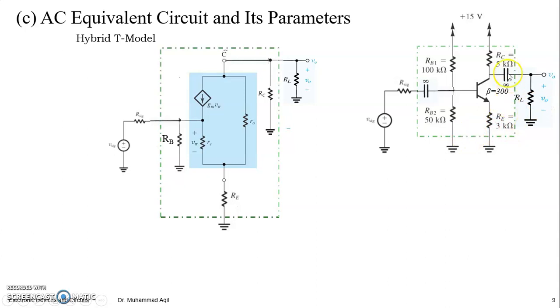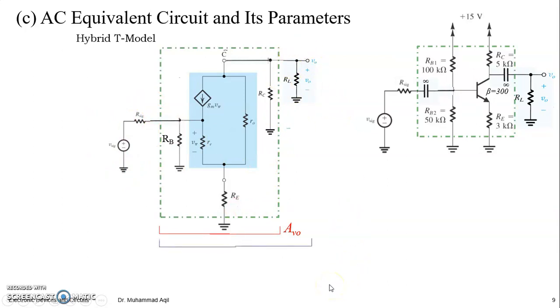And this stage is here for the AC equivalent circuit of this amplifier, right? So here we can see we need to find Av0 from input to the output of this stage, excluding the source and the load, right?